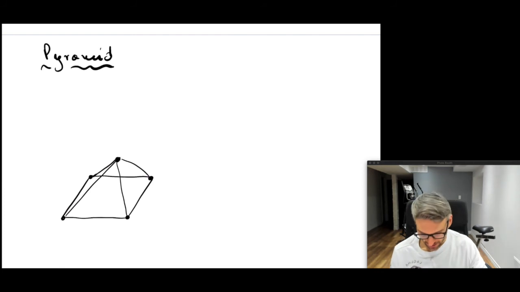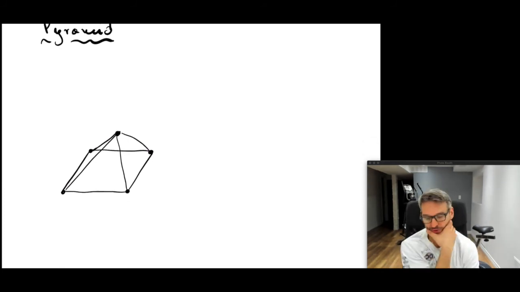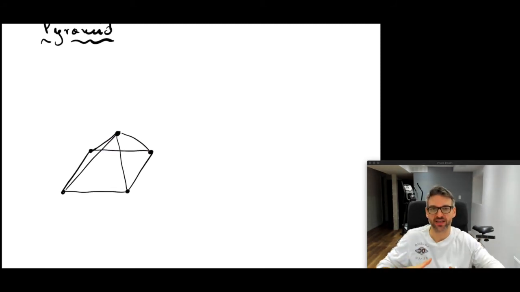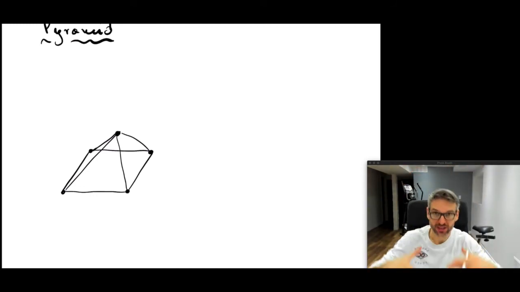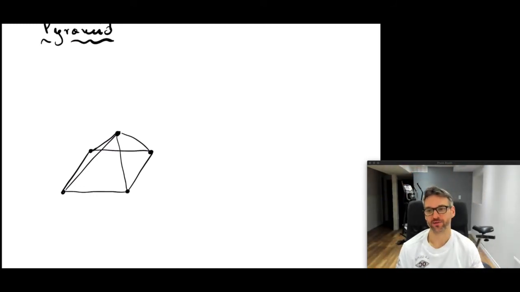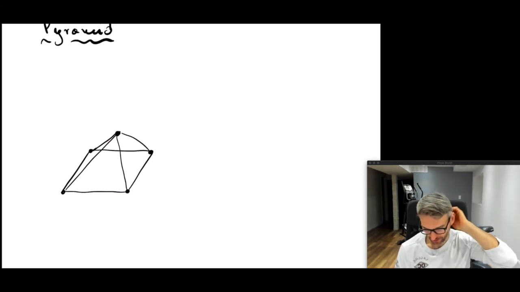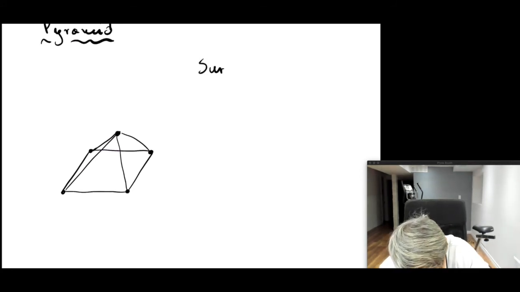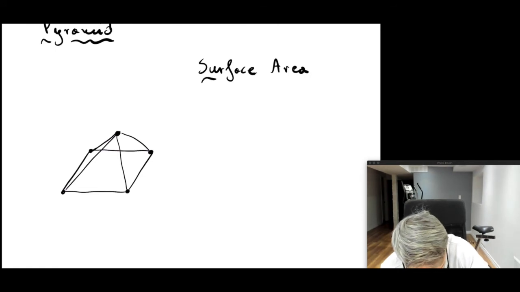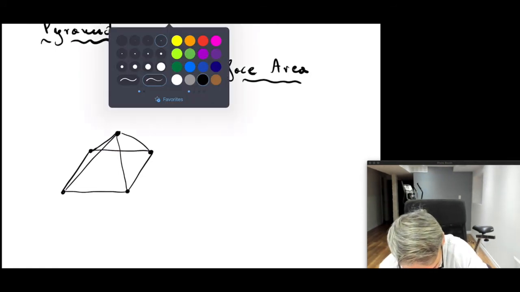So this is my pyramid. Notice that this is not a prism, because the base doesn't extend through the whole height. We actually have a pyramid here. If you wanted to calculate the surface area for this pyramid, it wouldn't be that terrible.